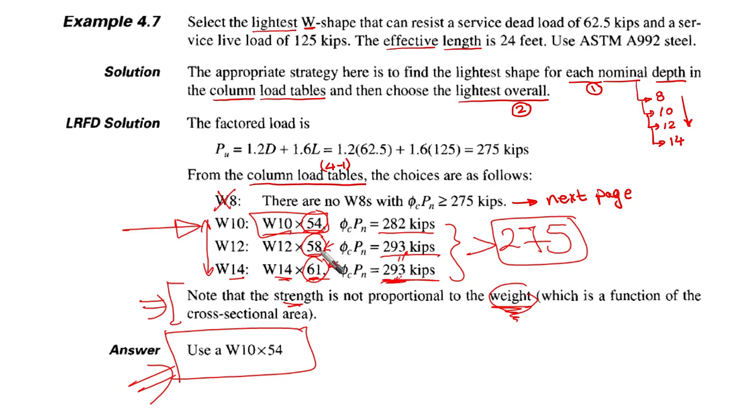Why? Because the cross-section distribution here utilizes this 58 in a way that gives the same strength as the weight of 61. So W10 has the least weight, and it has a very good strength, larger than 275, so it's the most economical for our case. We're going to use it.